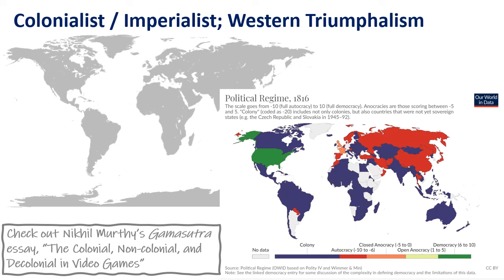Civilization also presents the historical Western development of global conquest, industrial and military development, and the acquisition of territory to be generally worthwhile things, or at least valid ways for civilizations to win the competition set up in the problem space. In this sense, they're very much games of colonialism and imperialism.